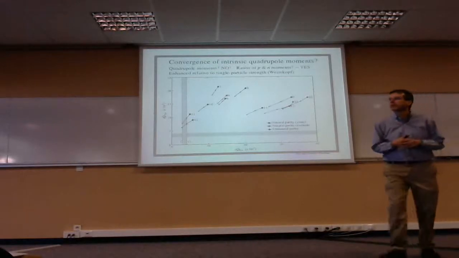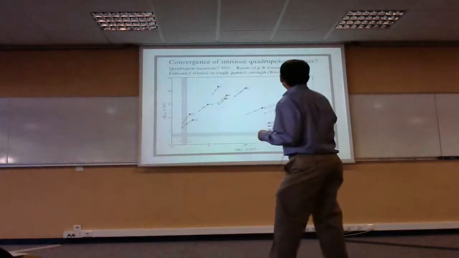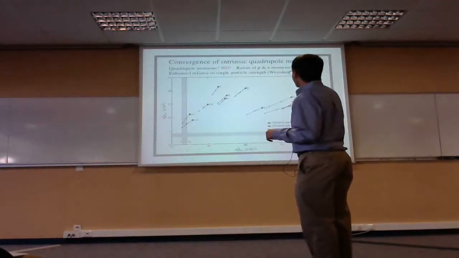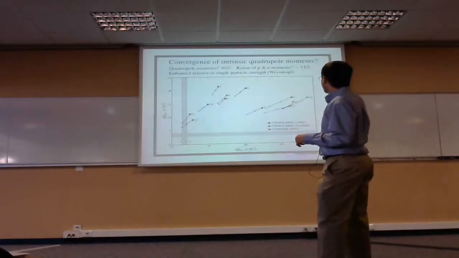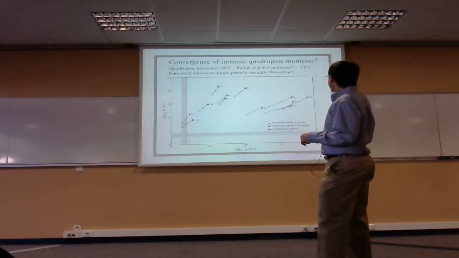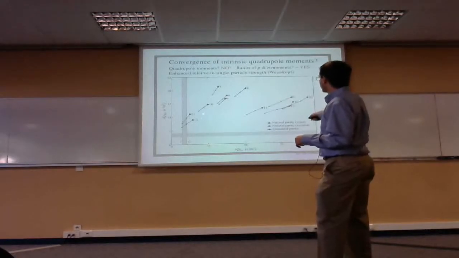What is the number indicated in the figure? Oh yeah, let me spell out the numbers. The number on each curve here is the mass of the isotopes. These are the beryllium-9 bands, these are the beryllium-11 bands, beryllium-10. Circles here are the natural parity bands, so the natural parity bands all cluster in this cluster.